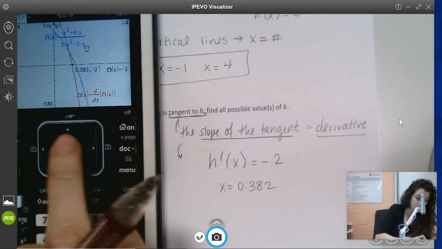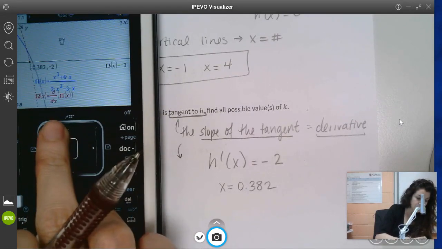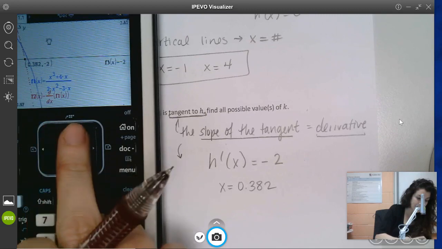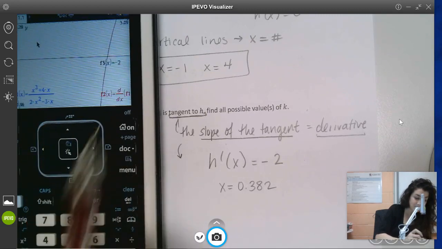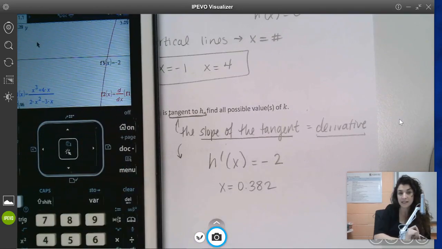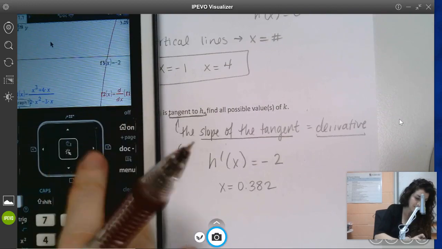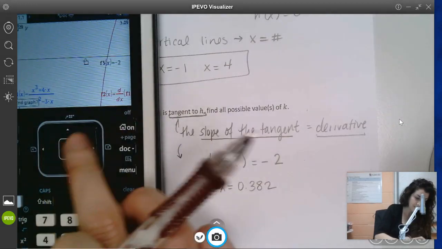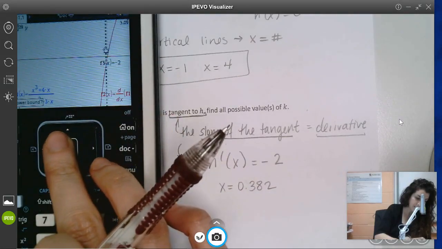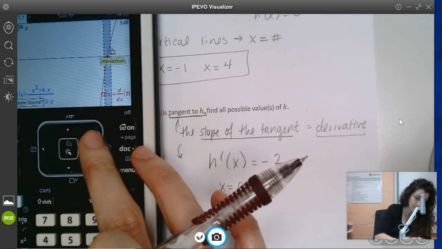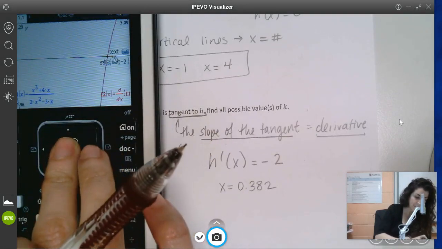I'm going to go over to the second part of my graph. This intersection is going to be a little bit easier to find. If you can't see it, you can always move it.